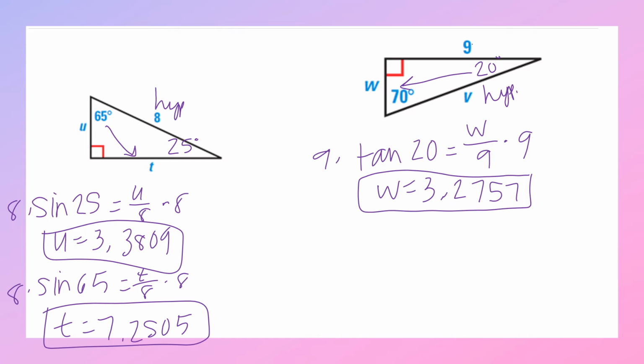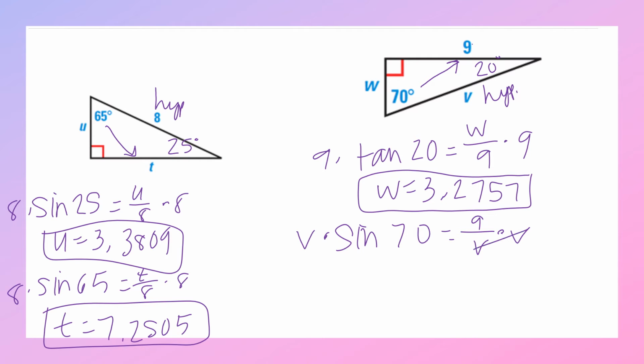Then, to get the other one, I need to do V. I can do the sine of 70 to do 9 over V, which I did. So sine of 70 is 9 over V. To get V by itself, it's going to be like those first couple ones that we did.